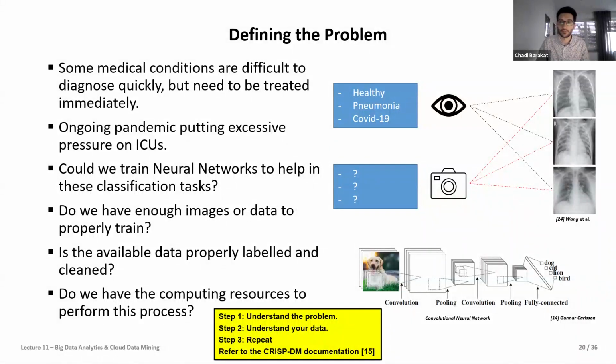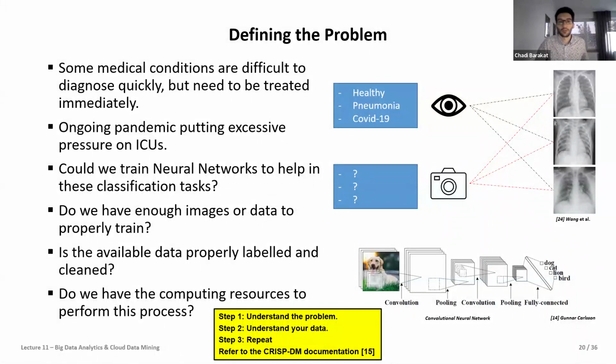Is the data that you have properly labeled for the task at hand? Maybe some conditions are mislabeled, maybe some of them are labeled multiple times, or the same image appears multiple times. In this case, all of this can be resolved by following a standardized, comprehensive approach to solving your problem.